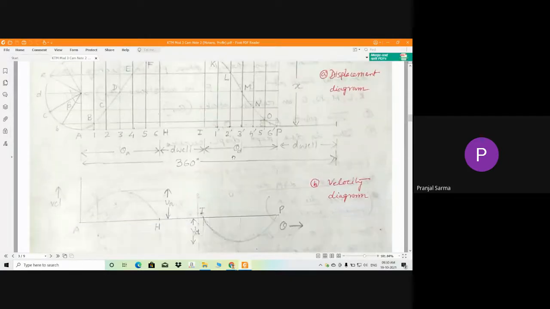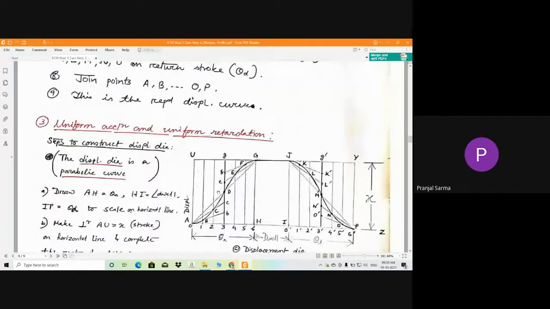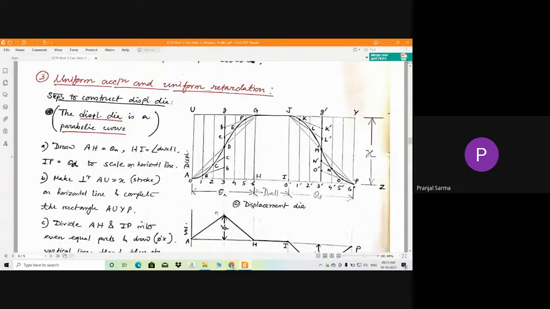So that was the SHM displacement diagram. After that, we discussed the uniform acceleration and uniform deceleration case, where once again on the x-axis we mark theta a, theta d, dwell, and so on as per scale, and along the y-axis we consider the lift of the follower, again as per scale. Then we make the divisions for theta a, outstroke, dwell, return stroke, and so on, with equal space divisions; right now we are on 6 divisions.